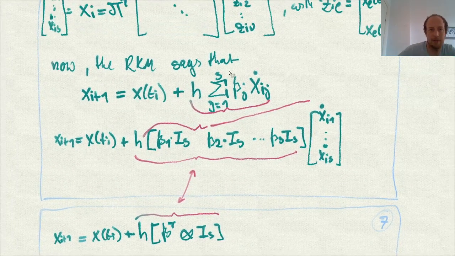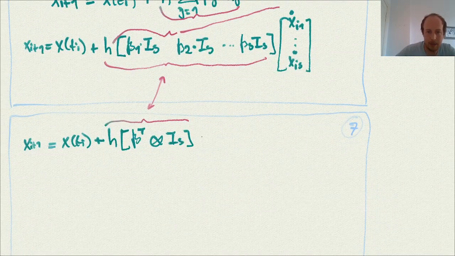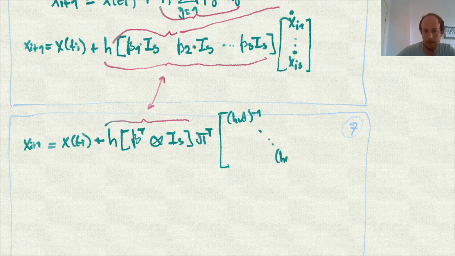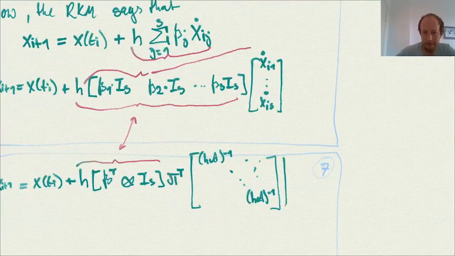Now we replace this vector by this representation of that. So this is times Pi transposed, this matrix, this notorious matrix, h alpha to the -1. And here we have this, how did I write this here? Z_{i1} up to Z_{is}.